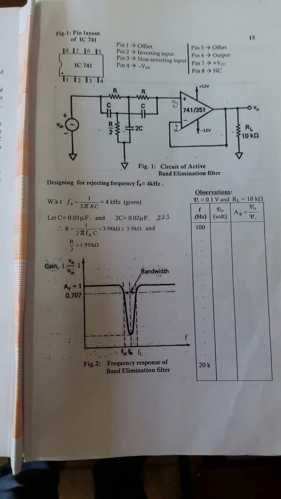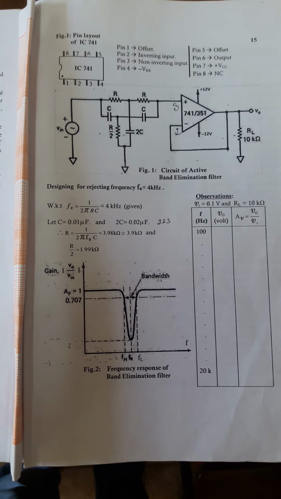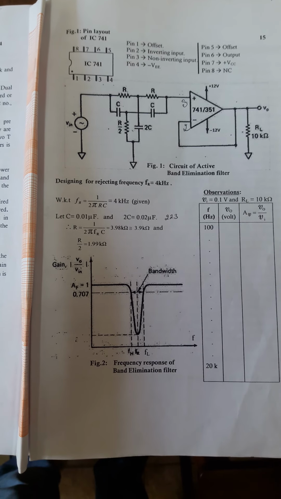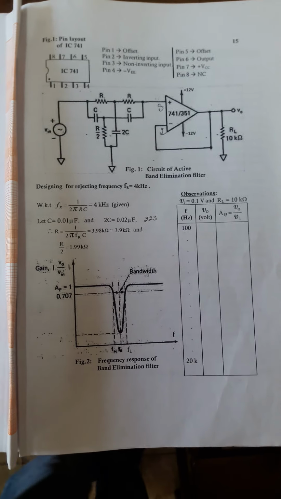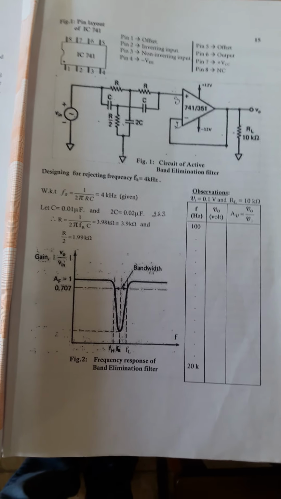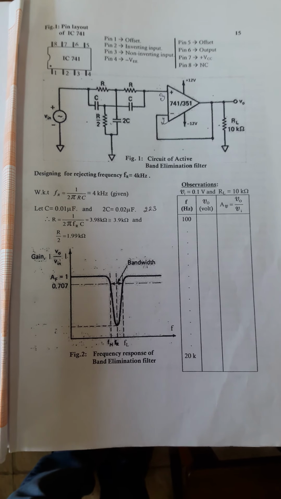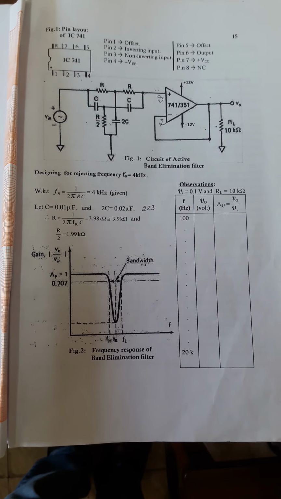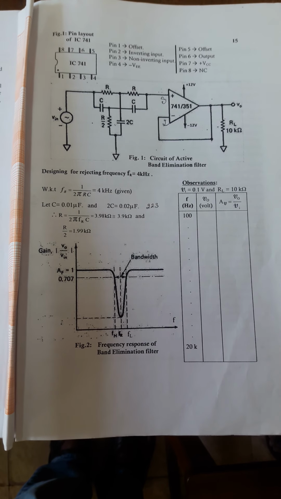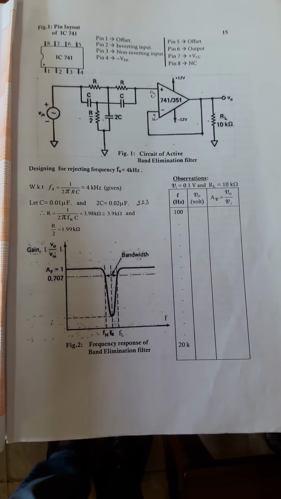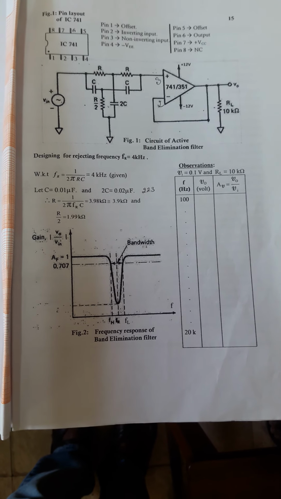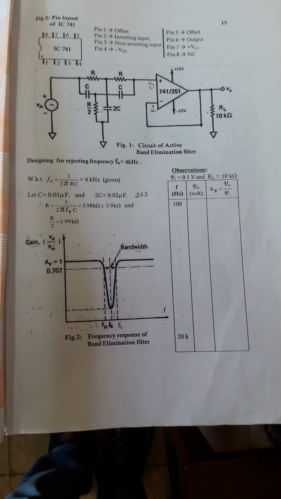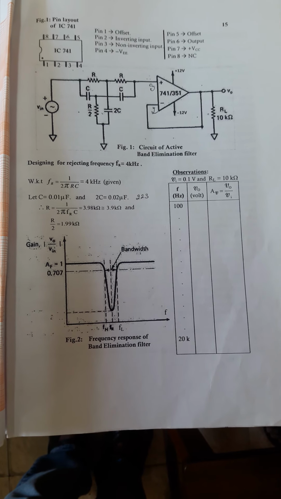Now, a band elimination filter, or band stop, or what we call a band reject filter, is one in which a predetermined band of frequencies is attenuated in the stop band region while frequencies are passed in the pass band. This passive filter section consists of a twin T network, and the reject frequency is f_R equal to 1 by 2 pi R C.